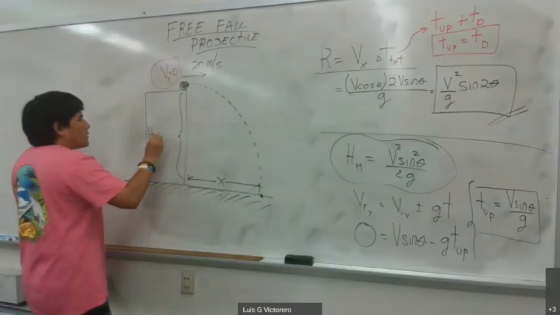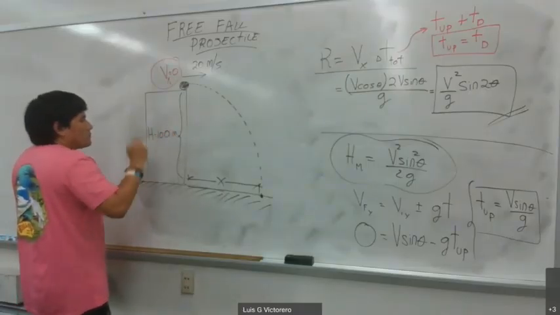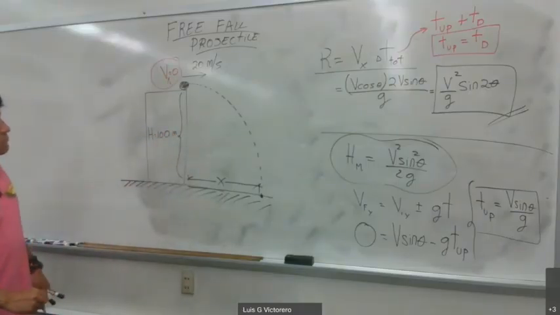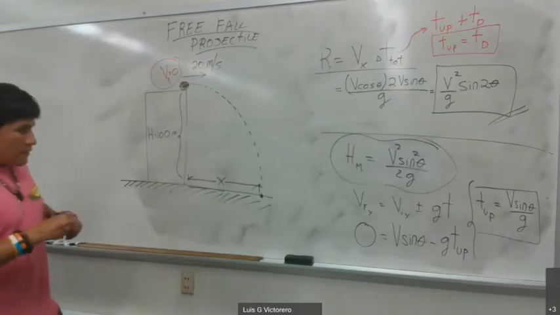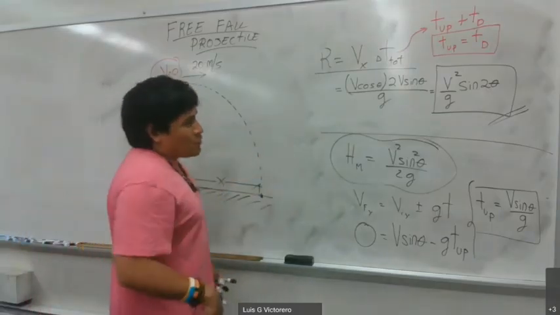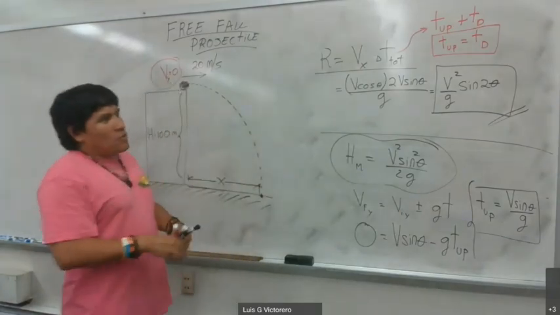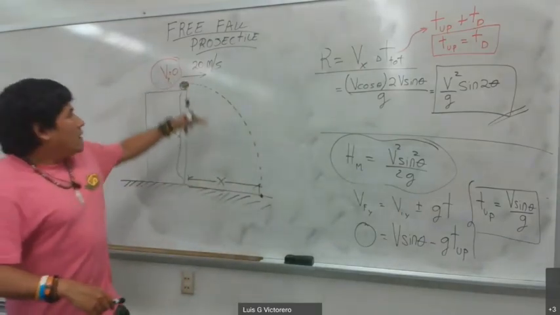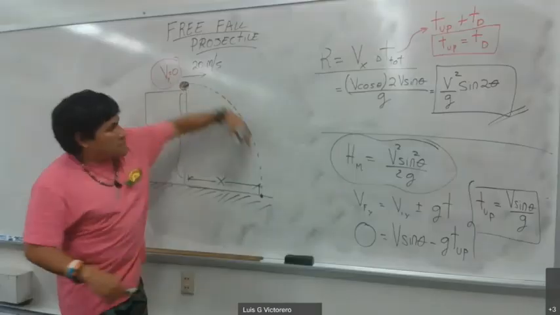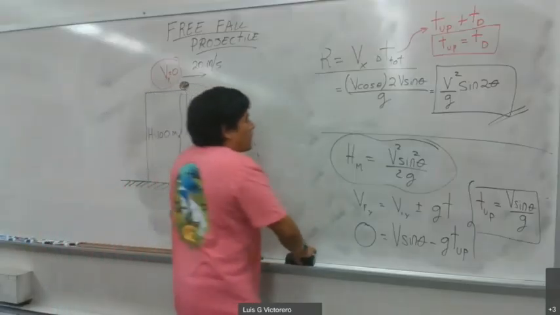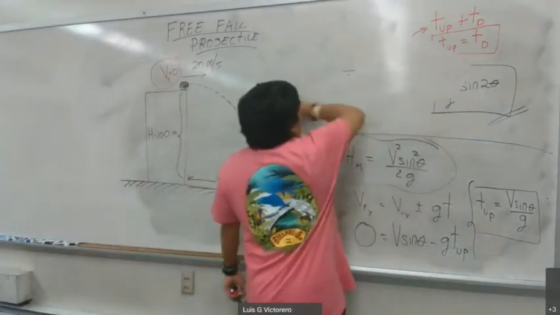Let's give it 100 meters. How will you find x? You cannot technically use any of these equations because it's not really an angle there, right? The vector is just going like that. But it's simple. We can break it into two directions.